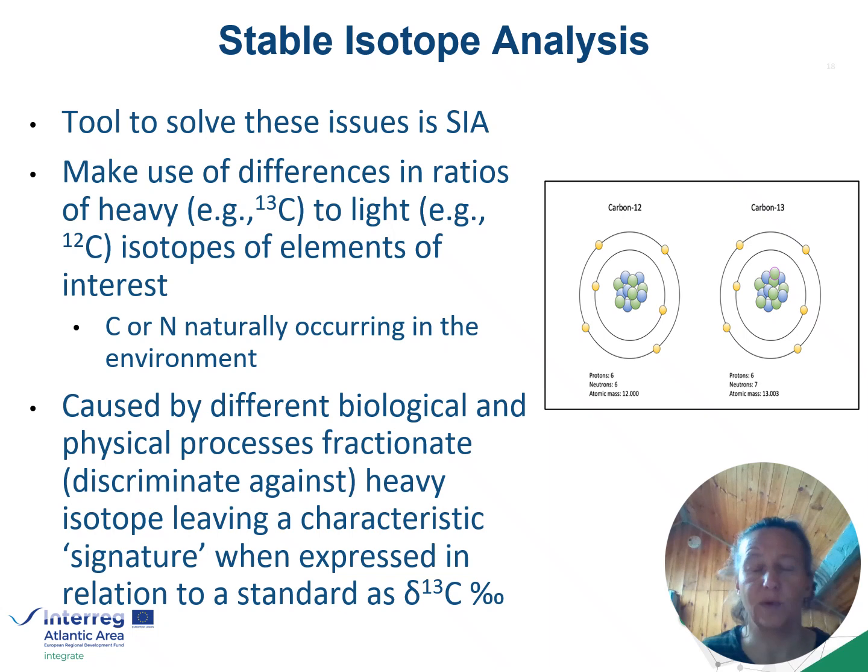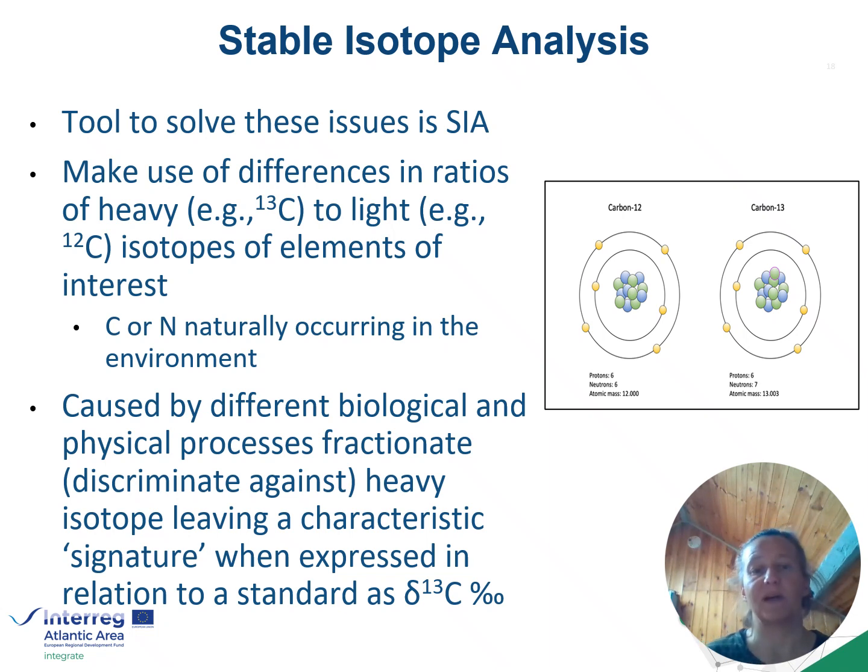So one tool we can make use of to solve these issues is stable isotope analysis. And this is making use of differences in ratios of heavy to light isotopes of elements of interest. So carbon or nitrogen in this case, naturally occurring in the environment.